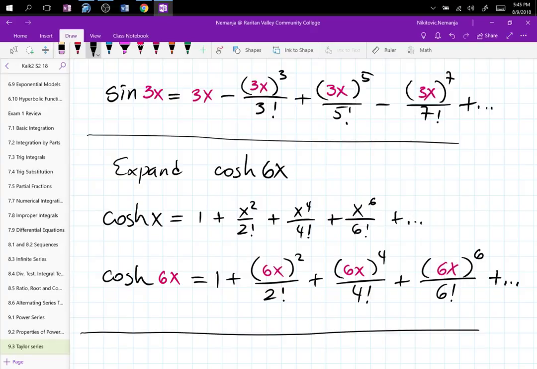By the way, all of these were Maclaurin because you just have x. If it was a Taylor polynomial with, like, let's say expanded at 2, each one of these would be x minus 2, right? Squared, x minus 2 to the 4th and so on. And then you're replacing the 6x in. Good. That's that.